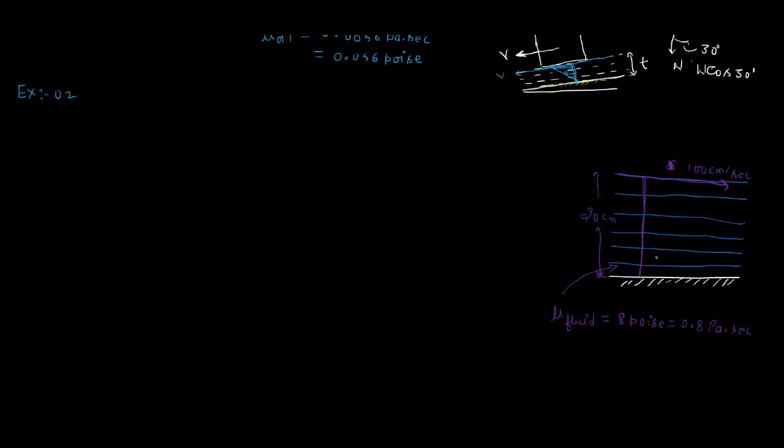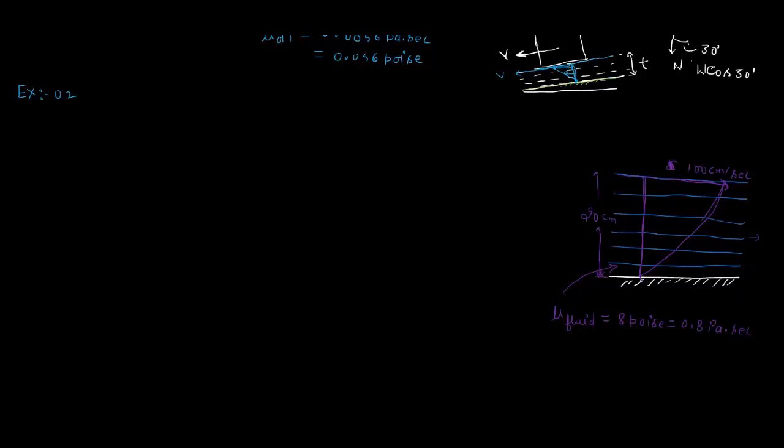So in this case I am saying the distribution of velocity over this distance, that is normal to the fluid flow direction, is not linear, it's parabolic, right?